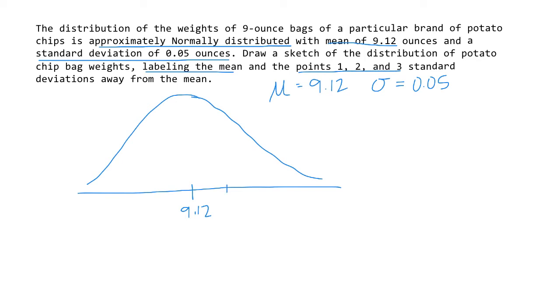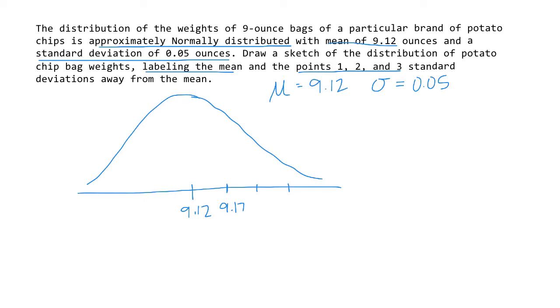If we count 1, 2, and 3 standard deviations away from the mean, we're going to label what those values are. So 1 standard deviation is 0.05. Going 0.05 ounces away from 9.12, 9.12 plus 0.05, we get 9.17.